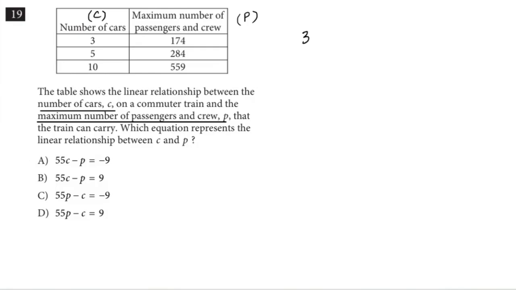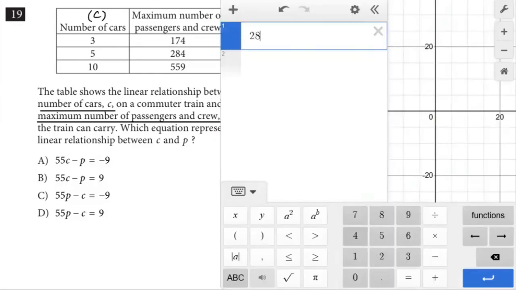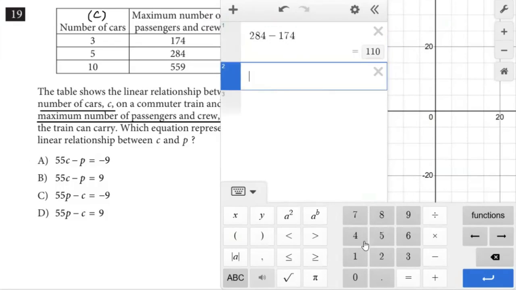So treat it like coordinates and try to establish the linear relationship, the equation of the line. What's the change in the y's divided by the change in the x? That's going to be your gradient, the slope. So it's going to be 284 minus 174. That's 110, and if you divide it by 2, that's 55.